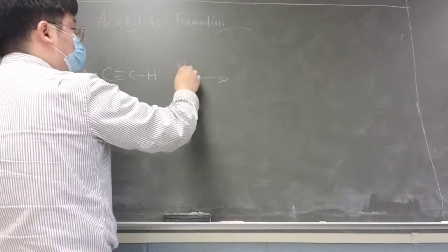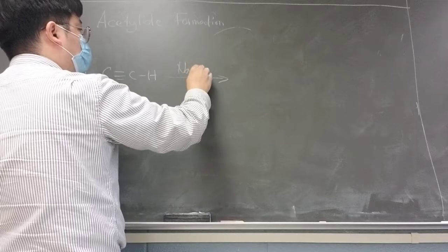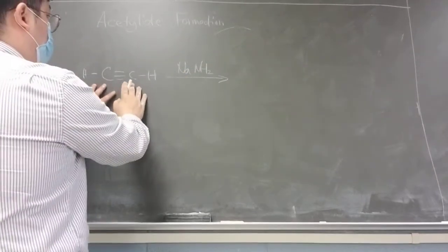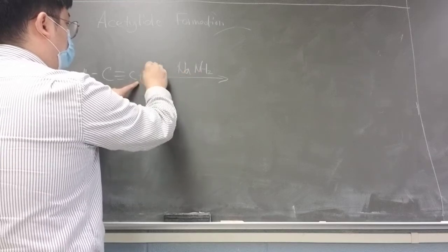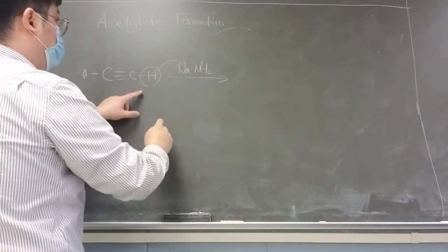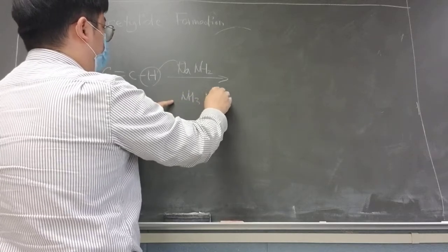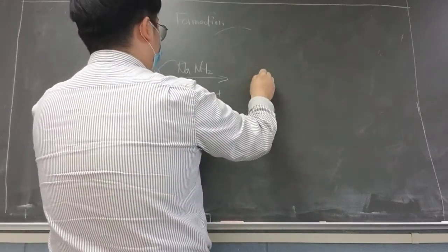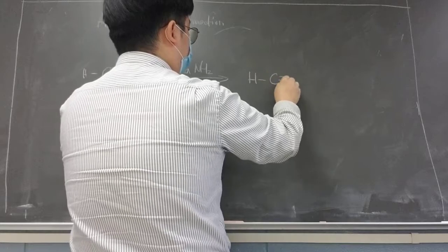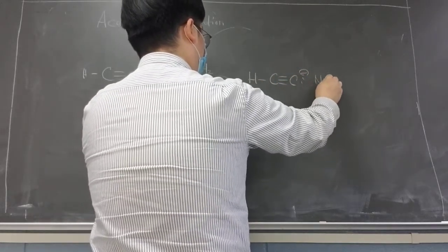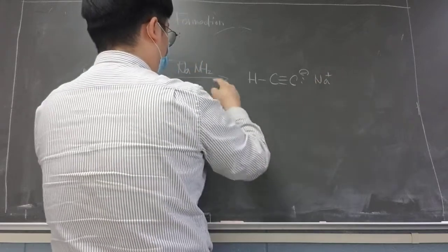We normally use sodium amide with some solution. Then they take this one out, and they become ammonia with the sodium, and the acetylide anion pairs with the sodium cation.